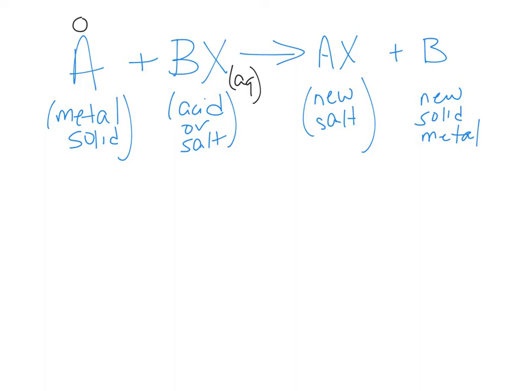In this case, the acid or the salt, these have oxidation numbers of plus and minus. This metal is going to lose an electron. It's going to lose an electron to this. And when that happens, it will then have a positive charge.